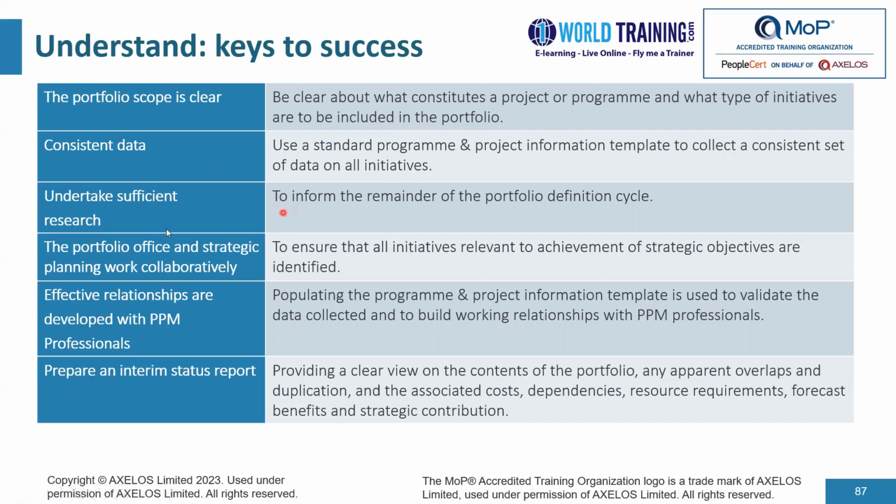The portfolio office and strategic planning work collaboratively to ensure that all initiatives relevant to achievement of strategic objectives are identified. Effective relationships are developed with project and program management professionals. Populating the program and project information template is used to validate the data collected and to build working relationships with PPM professionals.